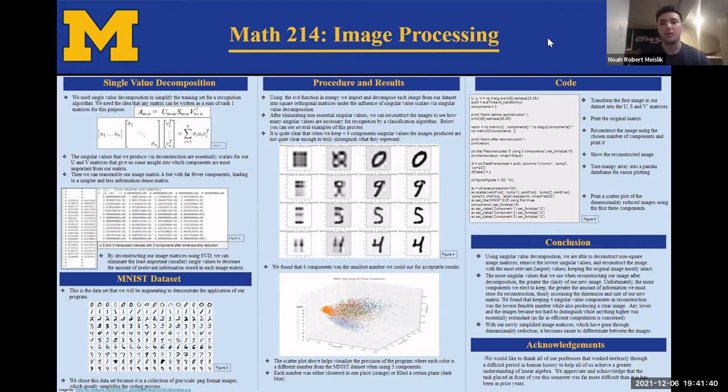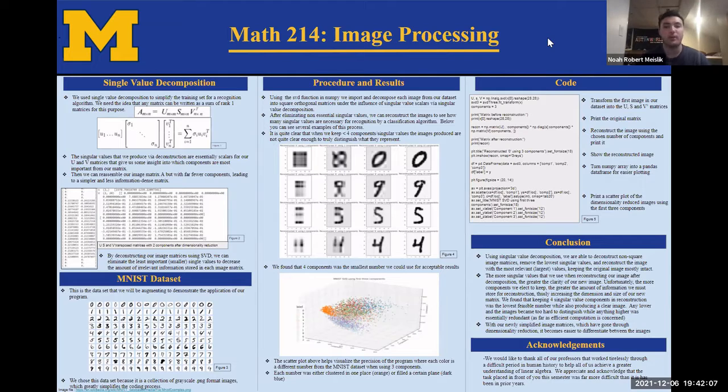All right, thank you, Trent. So the code for this project was very simple because we were able to utilize the NumPy library in Python, which already has singular value decomposition built in as a function. So in the code, you can see that really there are 4 main parts. There's transforming our image into the U, S, and V matrices, and then reconstructing the image using the number of components we want to use.